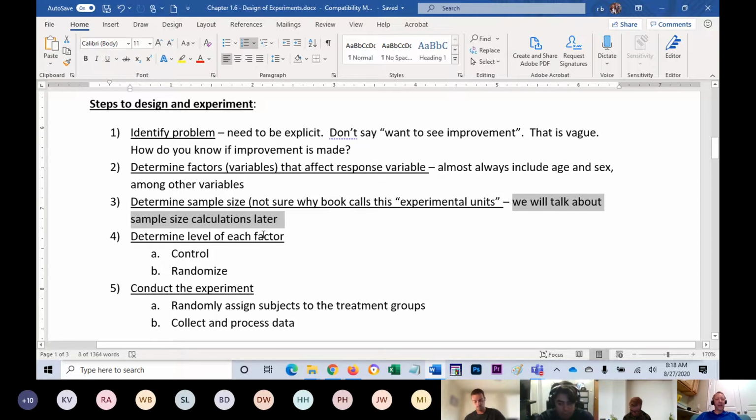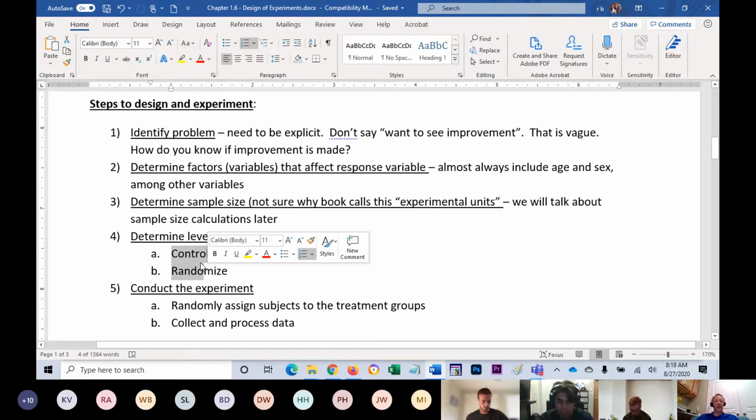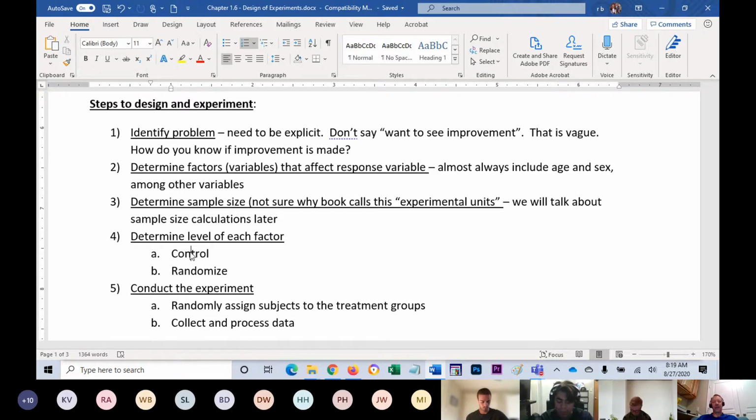So, all right, determine the level of each factor. So we're going to want to control and randomize. Going back to skin cancer, maybe you could compare people that are using SPF 20 versus SPF 40 versus SPF 60, or probably a better experiment might be something to the effect of, in fact, let's do this instead.